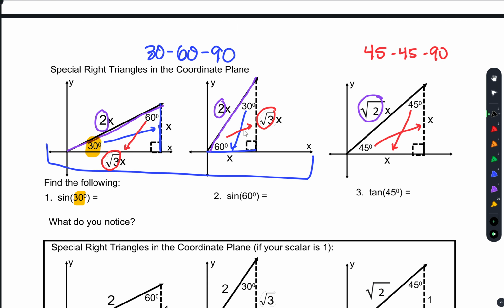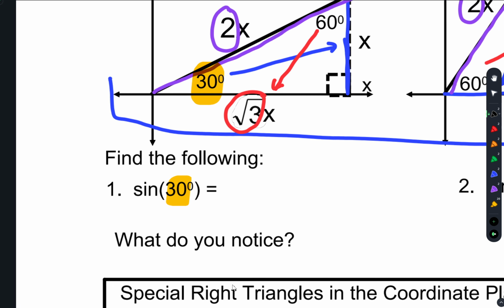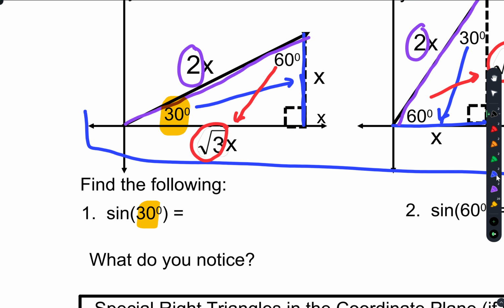Maybe I write this at the top of my page. SOHCAHTOA. Sine is opposite over hypotenuse. So when I'm finding the sine of 30 degrees, I'm going to look for the opposite side to that 30 degrees, the opposite side being X. And I'm going to look for the hypotenuse side of that triangle, which is 2X.